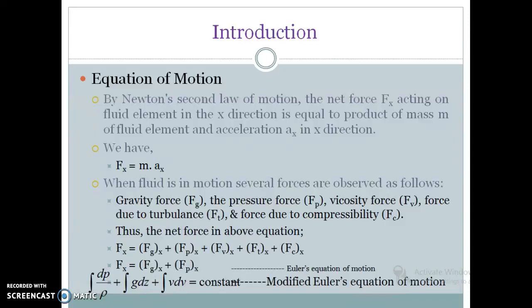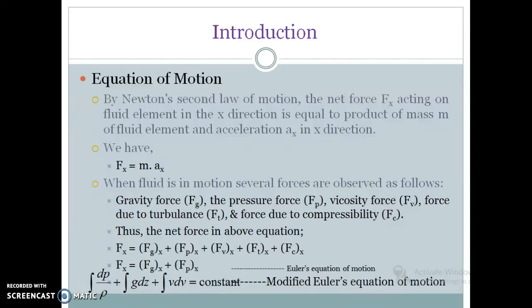Then by using this basic Euler's equation of motion, we obtain the modified Euler's equation of motion, by deriving it. For that we have to consider a fluid element. On this fluid element we have the forces acting on it, in which we consider, as we have seen, the forces due to gravity and forces due to pressure.